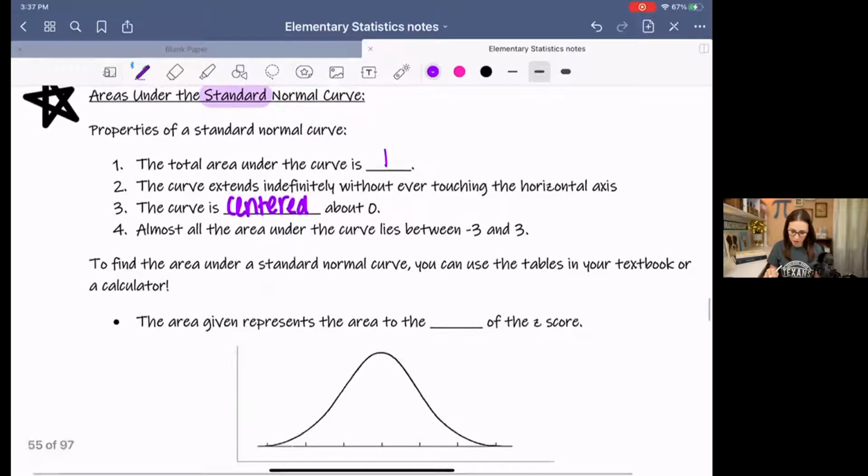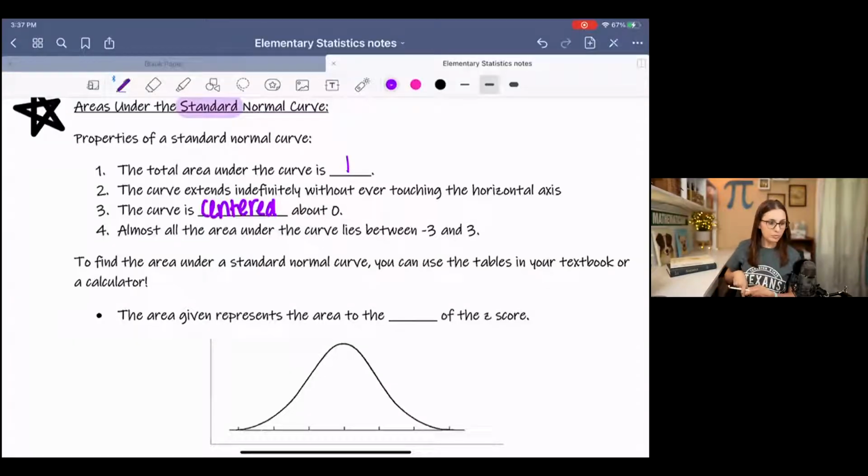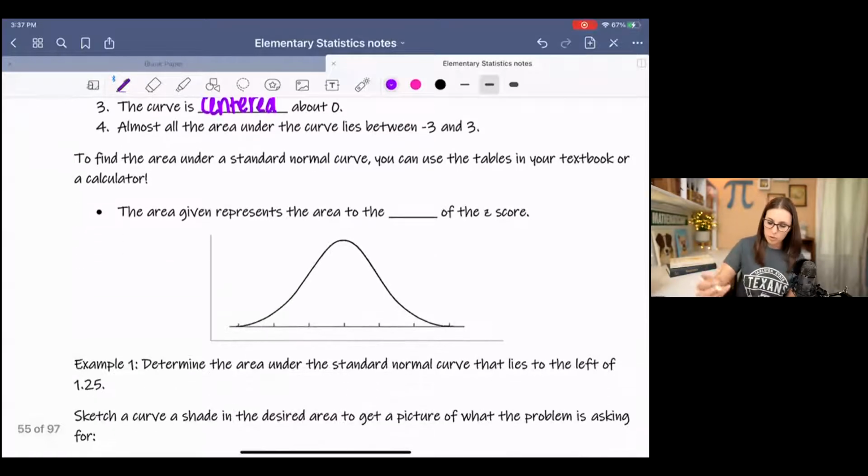To find the area under a standard normal curve, you can use the tables in your textbook or a calculator. If you don't have a textbook with z-tables in it, which is rare, I would think, you can Google z-tables and look at the images, and there are tons of options. The area given represents the area to the left.